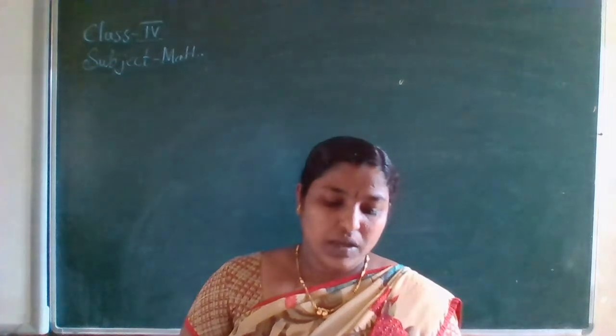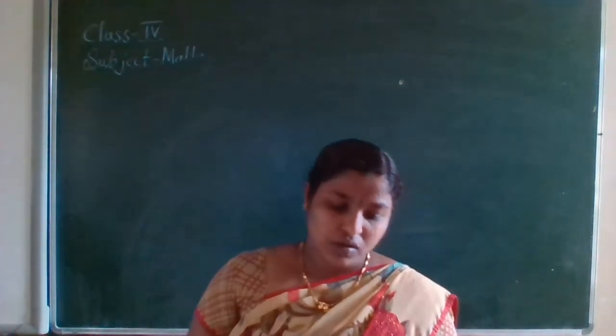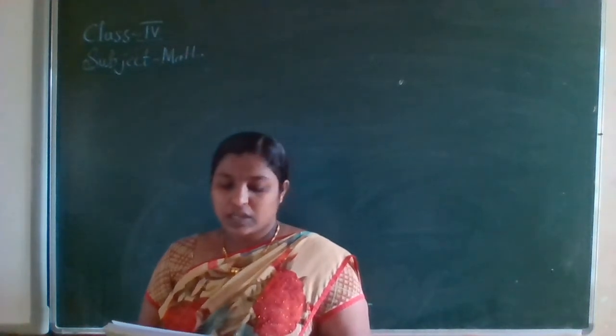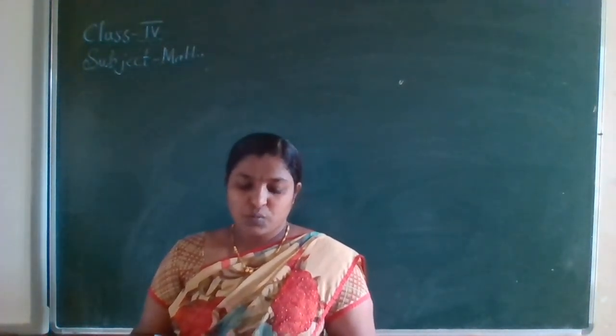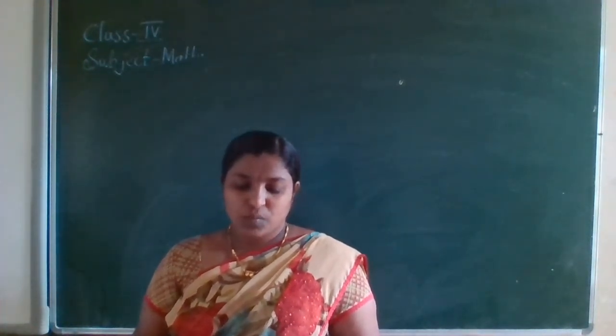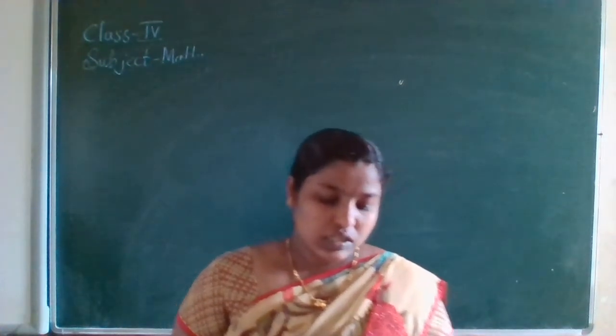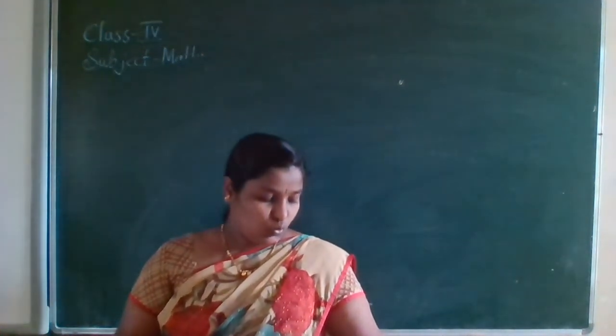Write the two numbers that come in between. Write the three numbers that come in between. Counting by 7, write 4 numerals. Counting by 300s, write 4 numerals. This is skip count.